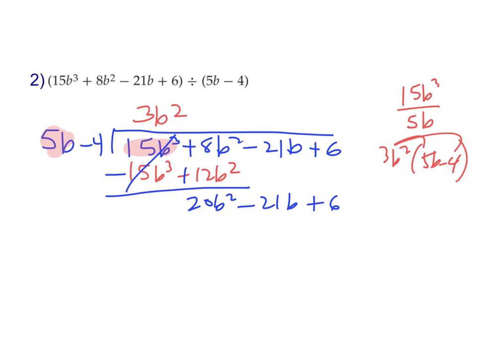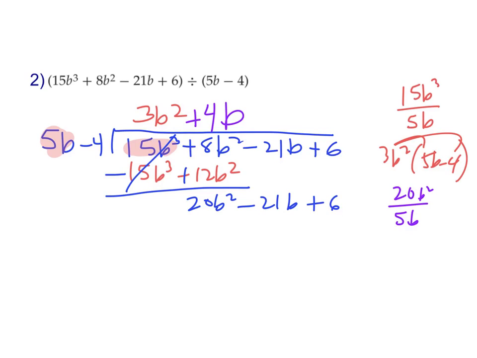So yeah, I'll give you time to finish that now. So next move, let's go with purple. Now I'm looking at how many times is 20b squared divided by 5b, or 5b into 20b squared. Then I'm dividing. That's where the 4b comes from, okay?